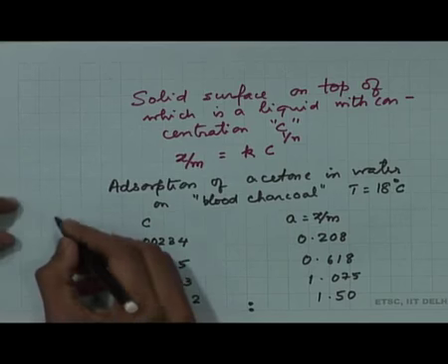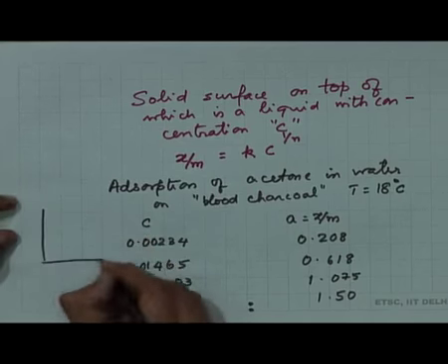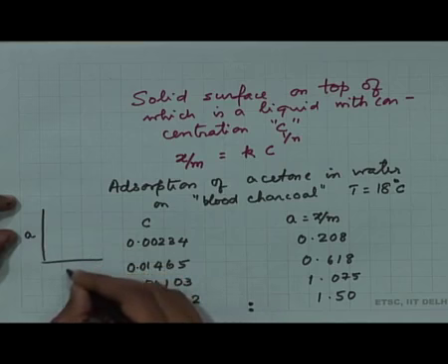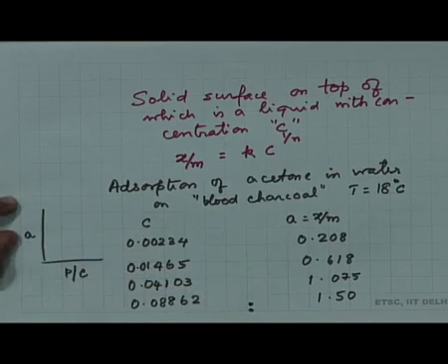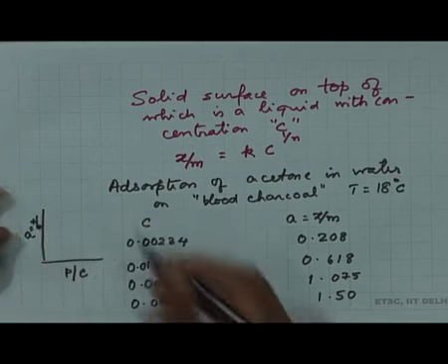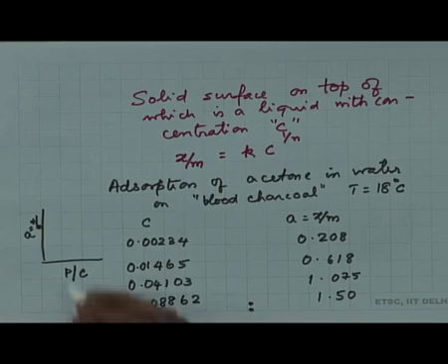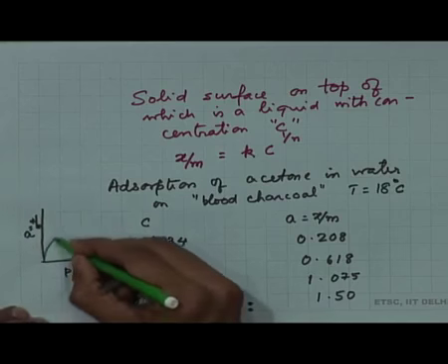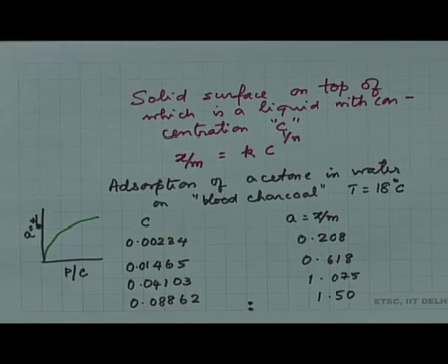So, once again, whether it is a liquid on top of a solid, so I will just generalize, I will plot A, which is x over m, as a function of either P or C. And if you plotted this, what we are saying is both of them have an appearance which looks like this.